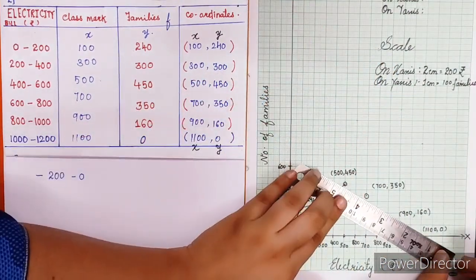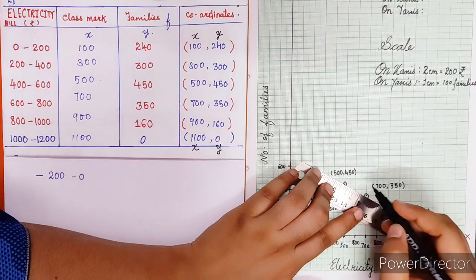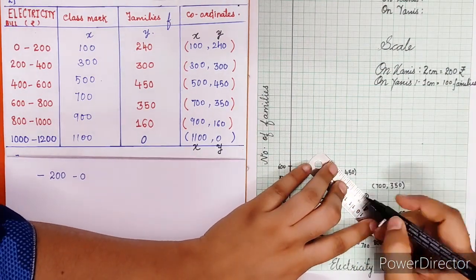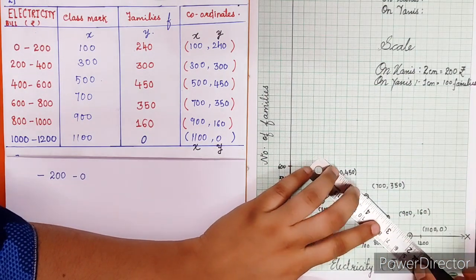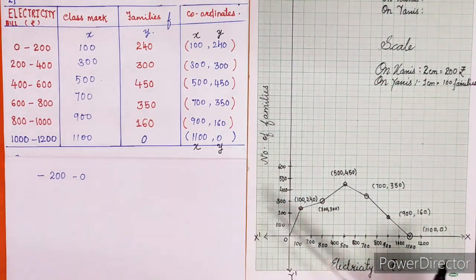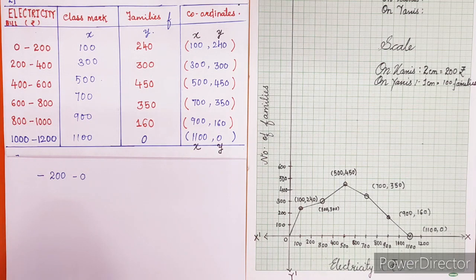Third point, fourth, and coming to the axis. So this is your frequency polygon. You have to join all the successive points by a straight line and get the frequency polygon.